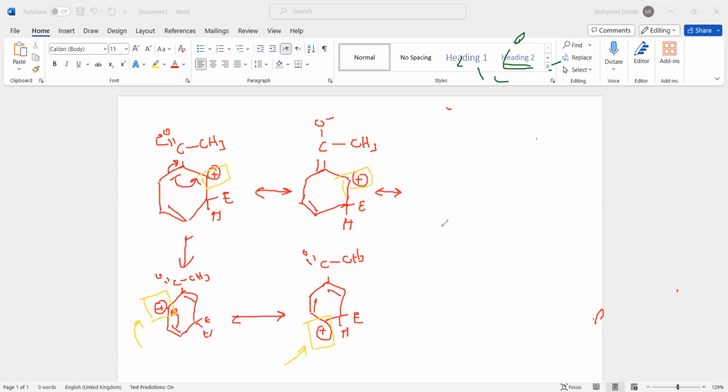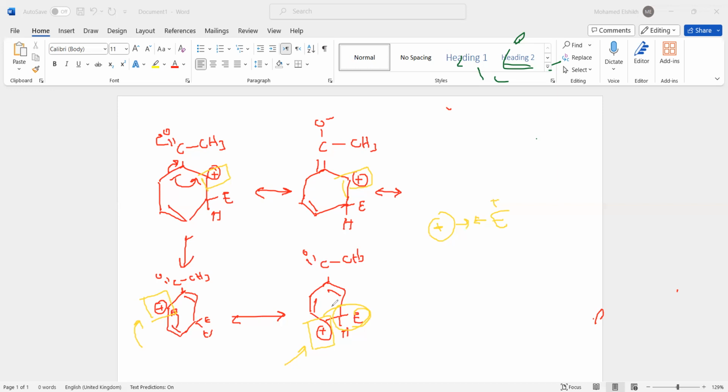Because these positions are highly positive and the incoming group is positive, they will be repelling each other. And therefore, because the meta position has more electron density than these positions, the incoming group will prefer to go into the meta position as compared to the ortho and para.